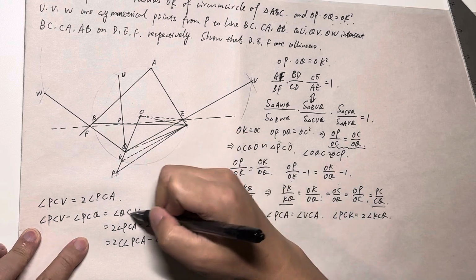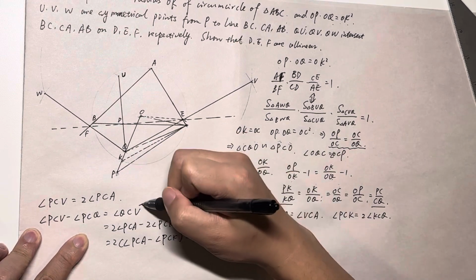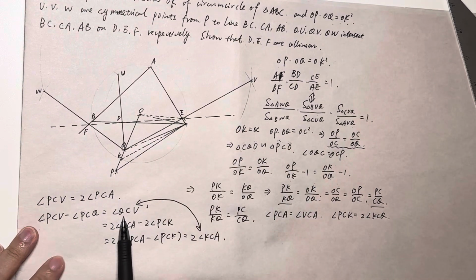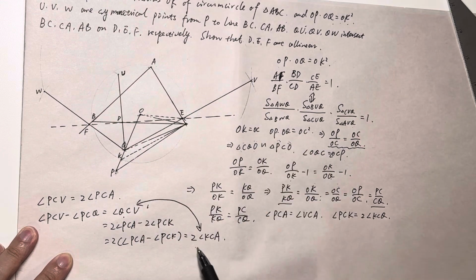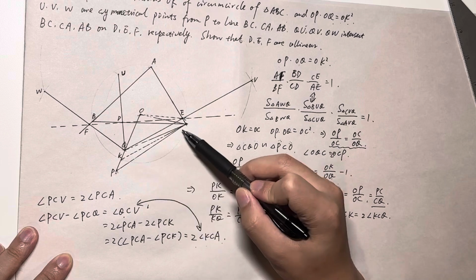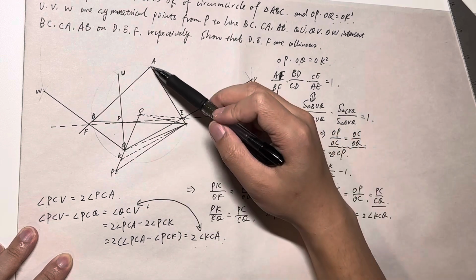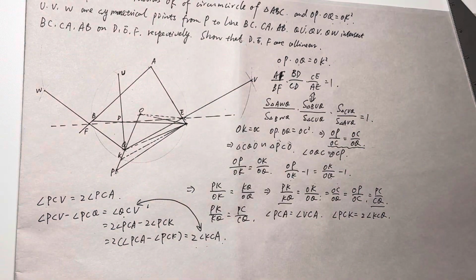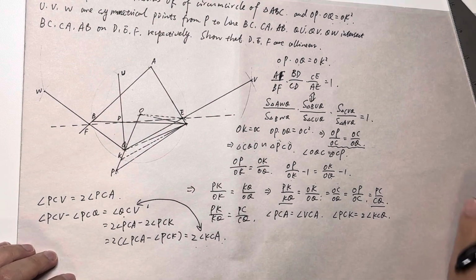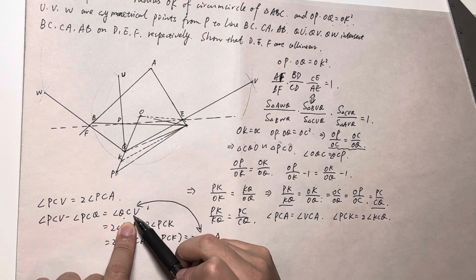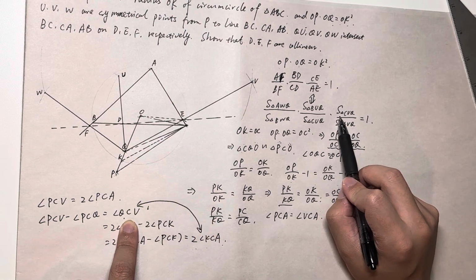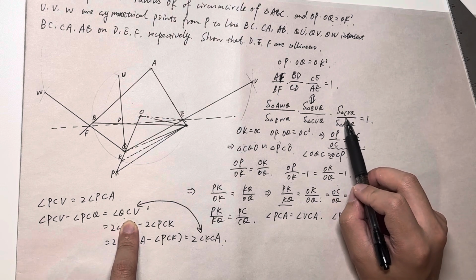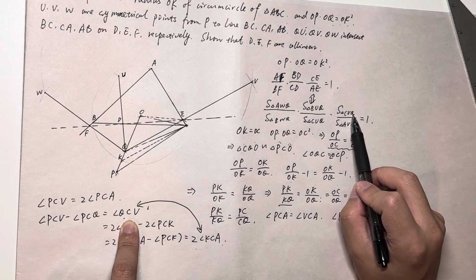Which we can get, look here. So angle QCV is twice angle KCA. Right. So QCV can be found here in triangle CVQ, right?